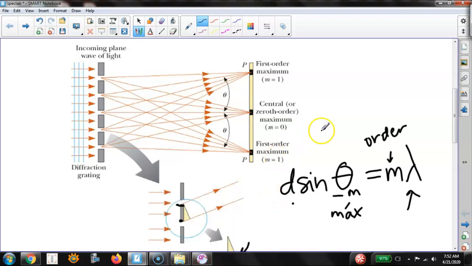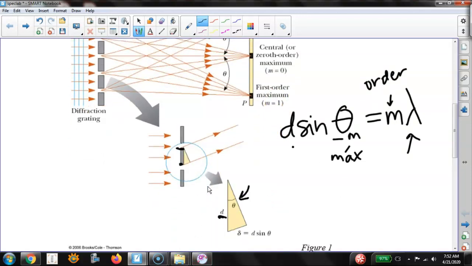Light coming through here might have a different path depending on its wavelength. That's the main point that I want you to get out of this: a diffraction grating separates light by its wavelength.